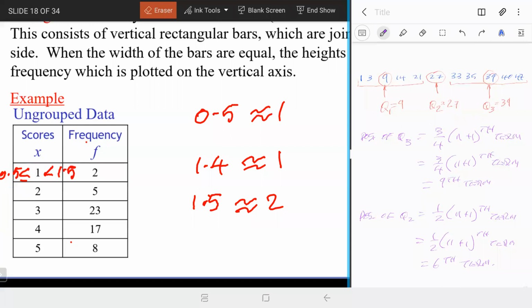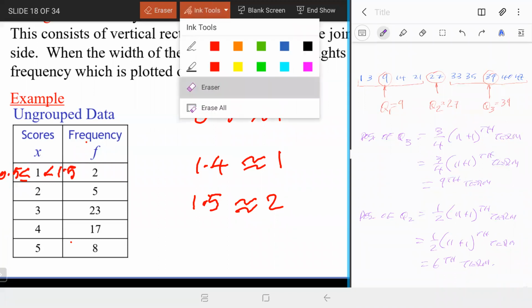And that's why that first value can take any measurement that is greater than or equal to 0.5 but less than 1.5. That 0.5 and the 1.5 are called the boundary values, because the value 1 can be used for any value that is greater than or equal to 0.5 and less than 1.5.